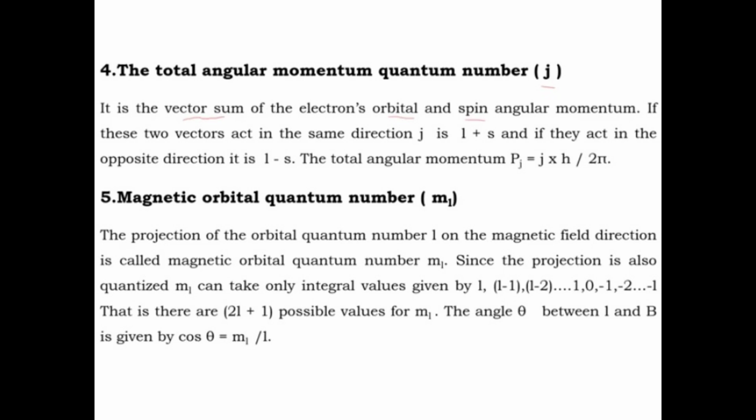The possible values are L, L minus 1, L minus 2, etc., up to 0, minus 1, minus 2, etc., up to minus L. There are 2L plus 1 possible values of Ml. L cannot be inclined at any other angle. This is known as the spatial quantization.